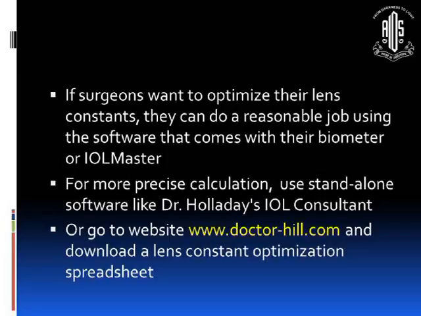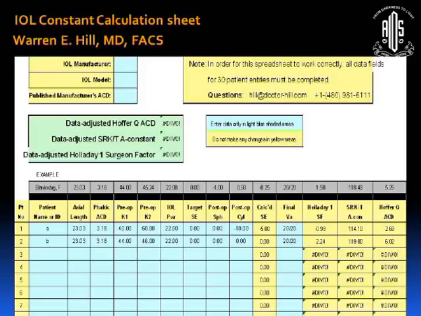For more precise calculation, use standalone software like Dr. Holladay's IOL Consultant, that is HIC, or you can visit the website www.drhill.com and download the lens constant optimization spreadsheet. This is the example; this is how the sheet looks. You need to fill in the data and send it, and they'll do it for you for free.